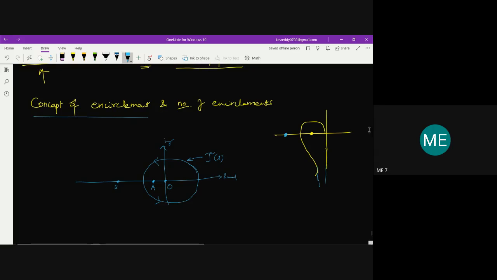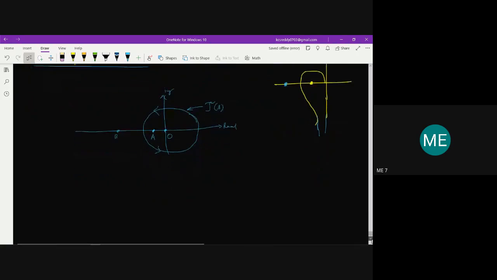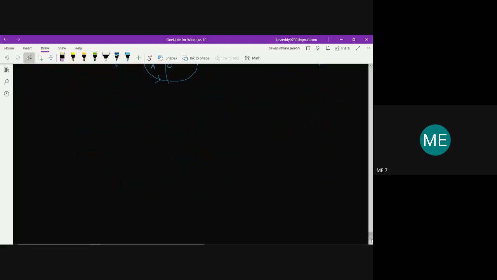How to count this number of encirclements? That's what we discuss now. For the previous figure, the number of encirclements is only 1, because there is only one encirclement of point A, and point O, in the anti-clockwise direction.